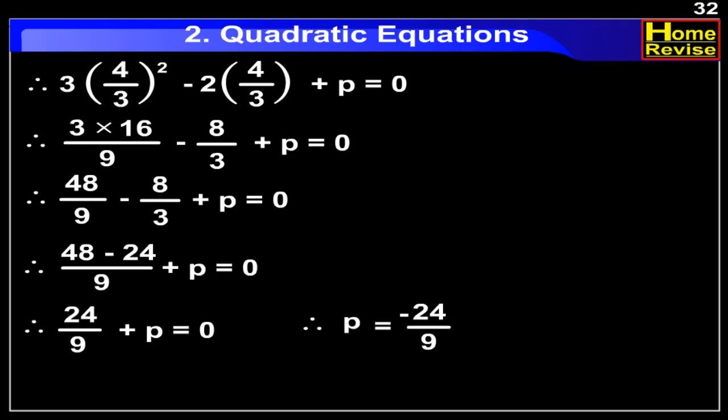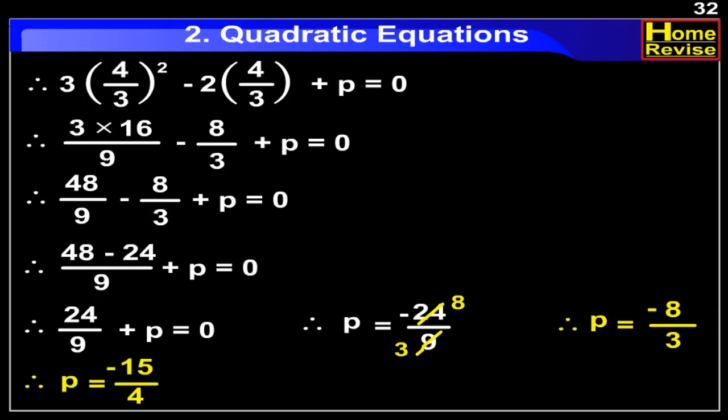Therefore, p = −24/9. 3 eights are 24, 3 threes are 9. Therefore, p = −8/3. Therefore, p = −15/4 or p = −8/3.